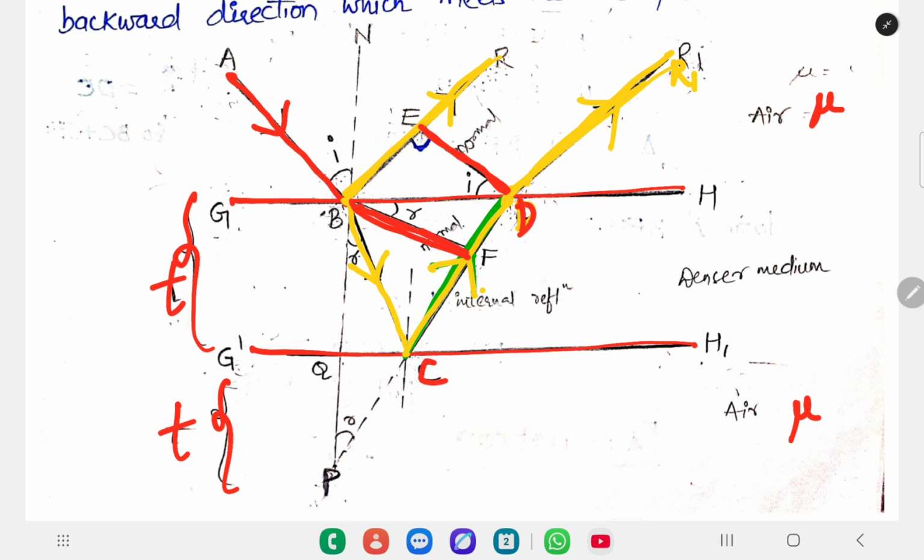We also extend DC in the backward direction till P.